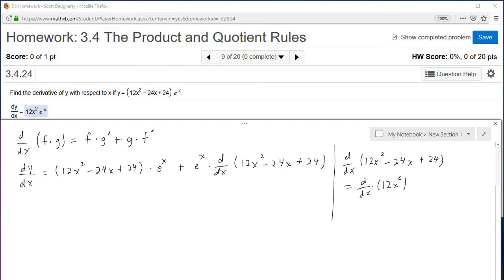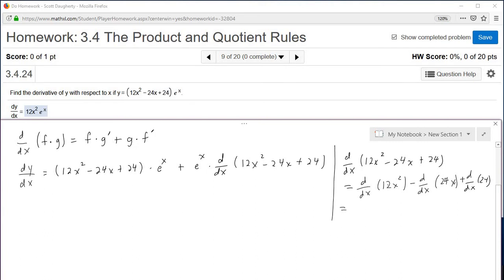So it's the same as the derivative of 12x squared, and then minus the derivative of 24x, and then plus the derivative of 24.